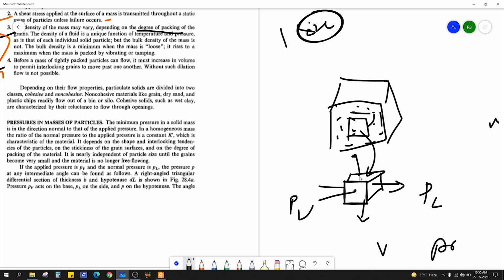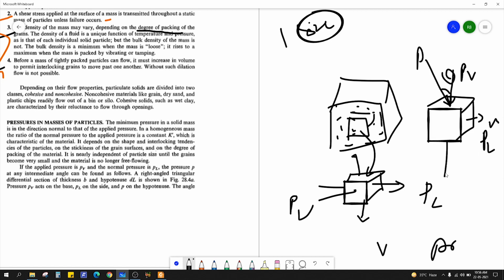PL. What if I apply pressure to the solid at an angle? I want to apply this pressure at an angle. Let's say this was 90 degree, right? So if I apply PV, then it will be this. But I want to apply the pressure at an angle. What will be this PL or the pressure here, P? Right?